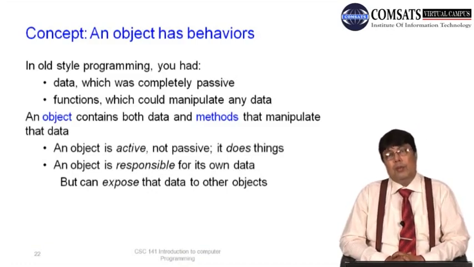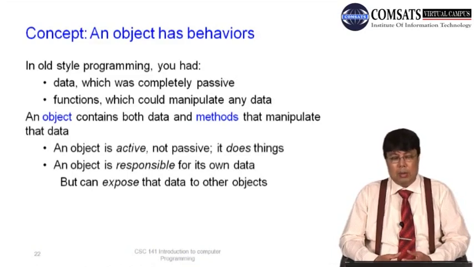But when we talk about an object, that object contains both data and methods. Now you can attach the manipulation of the data as an attribute and characteristic of that data. It means the data is not passive, but is considered an object having certain attributes.